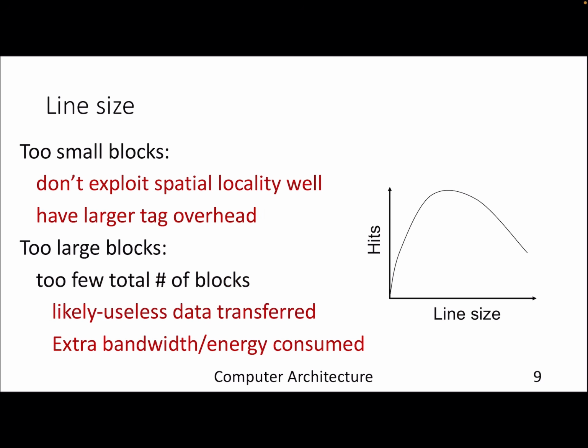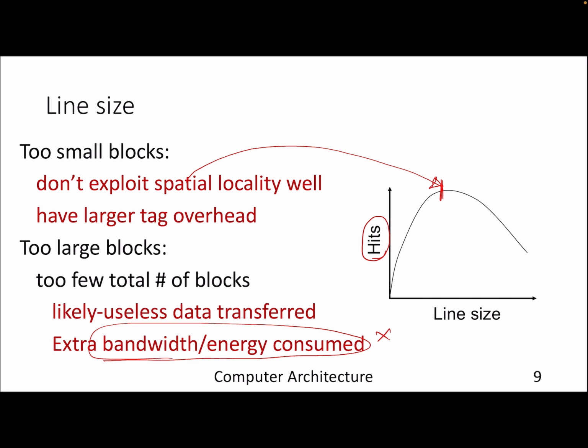So when we look at the line size, usually the trade-off is between how much bandwidth or energy you are consuming and what your hit rate is. So you will get a sweet spot where you are exploiting the spatial locality properly, and at the same time, you are not consuming additional bandwidth and energy.